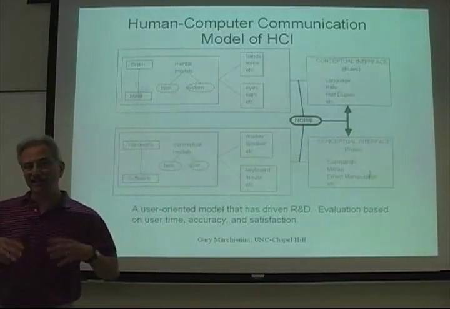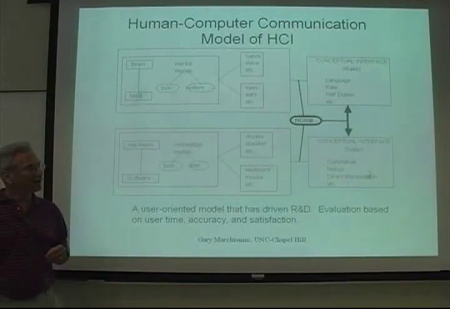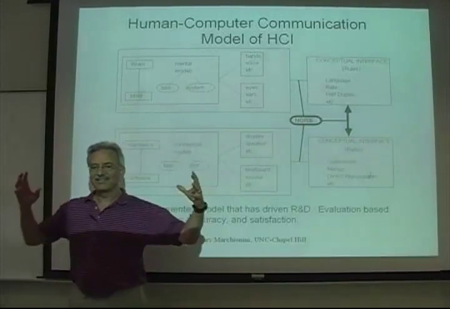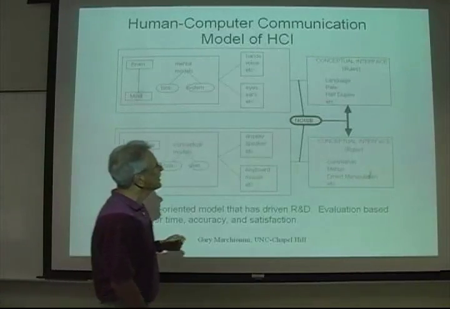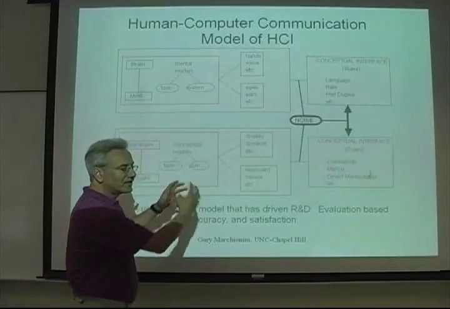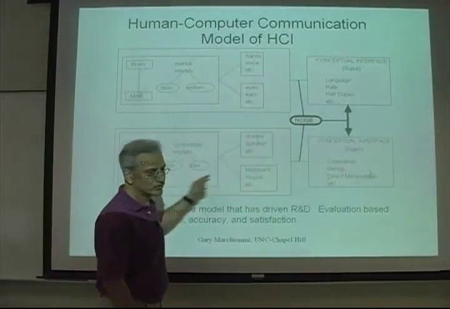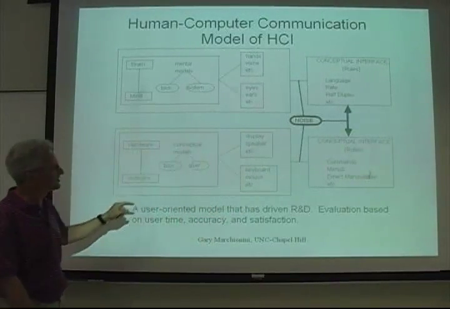So here's sort of a classical view of human-computer interaction. In this model, you have sort of the human and you have the machine, and the idea is that there's an intermediation process between the human and the machine that we call the interface. This was too big to actually stretch across the whole screen, so imagine it as this sort of loop, not quite a loop, but a linear kind of process.